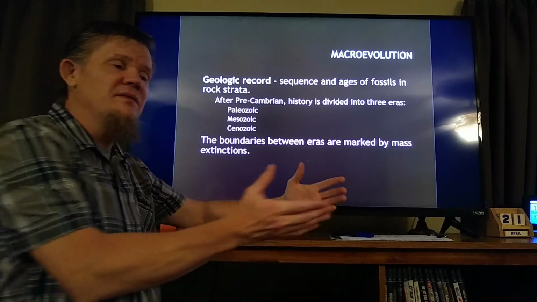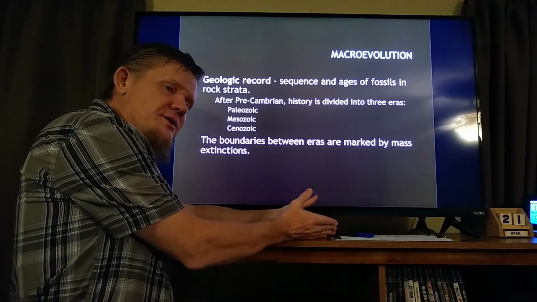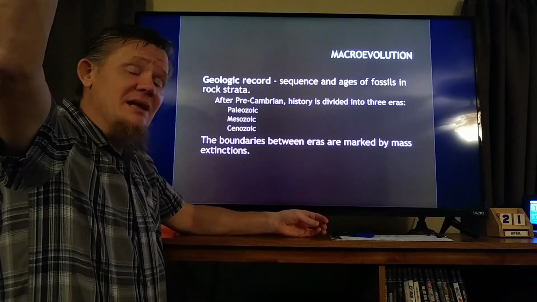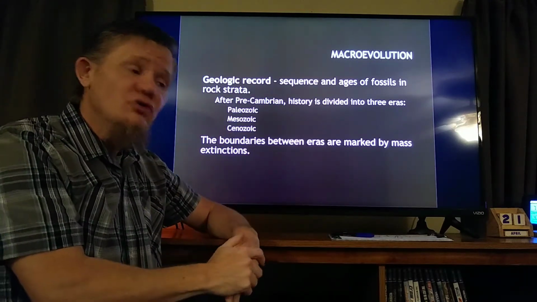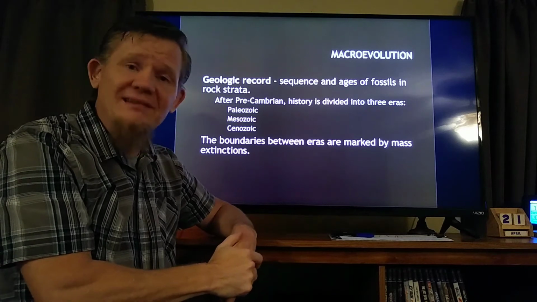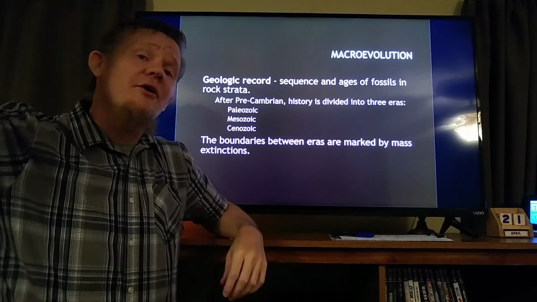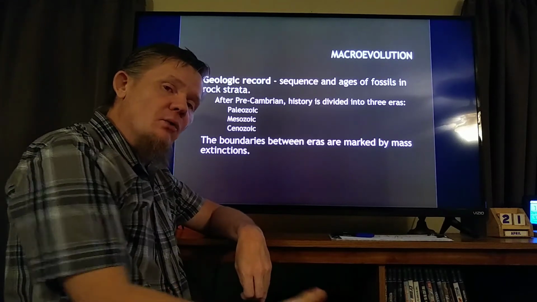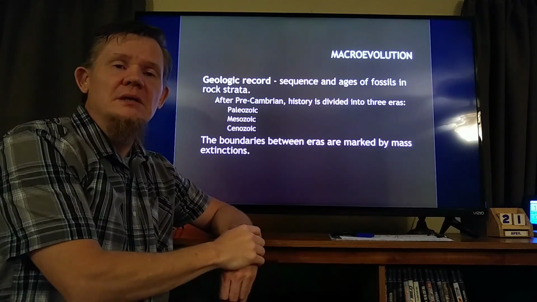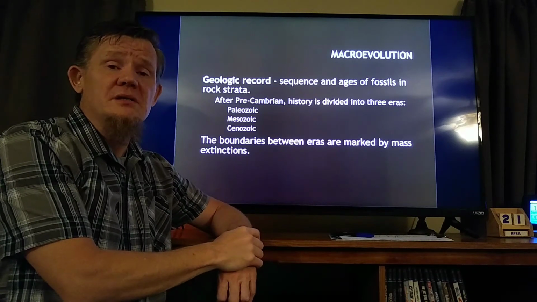What kinds of living things did we start with, and how did we get to the living things that we see today? Because the fossils that we see in the layers of rock don't look like living things that we find today. And things that we find today are not found in these fossils in the rocks from hundreds of millions of years ago.